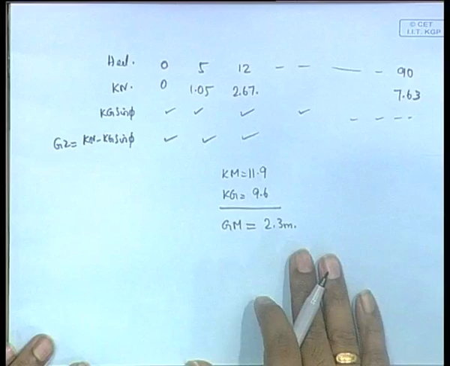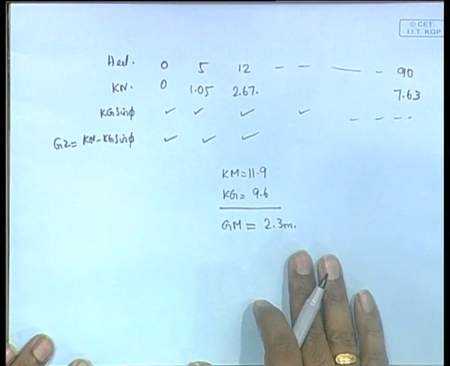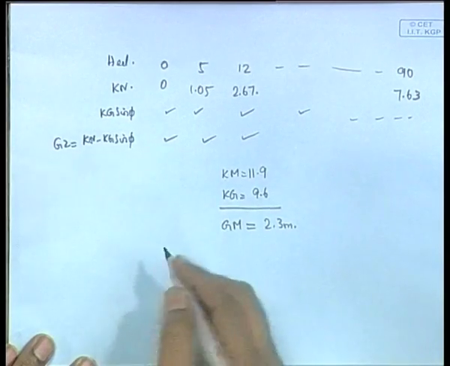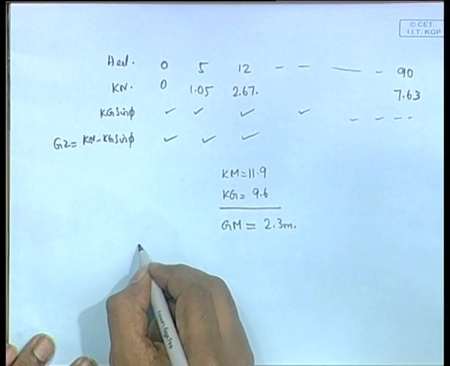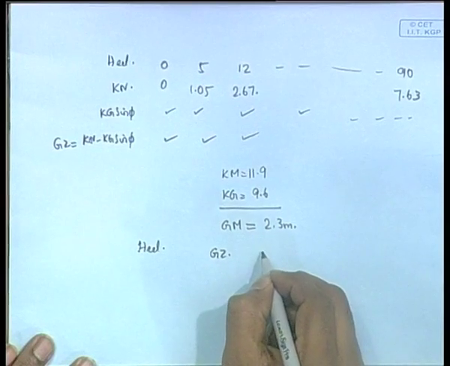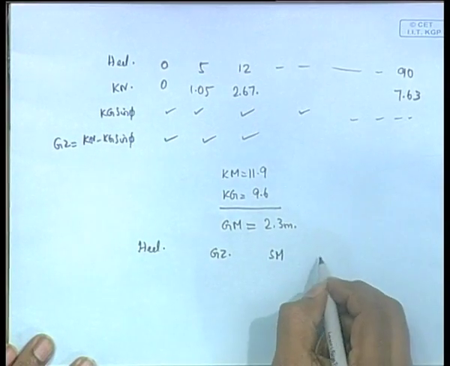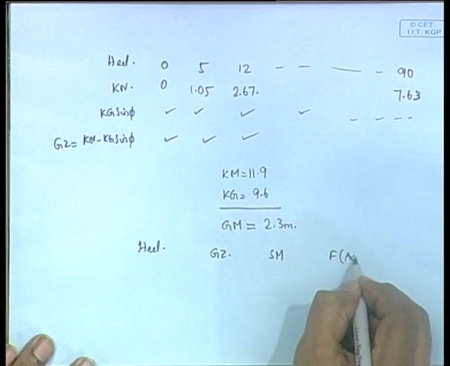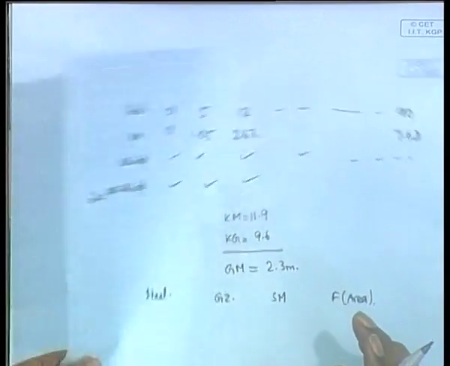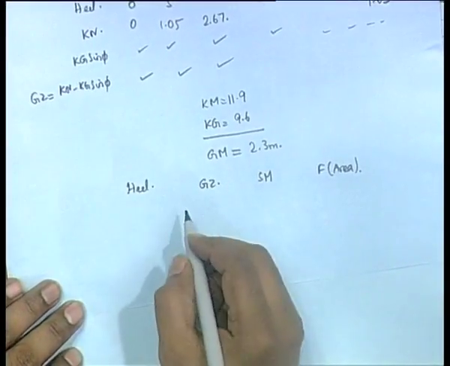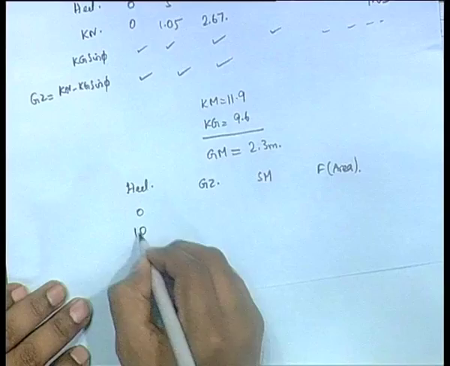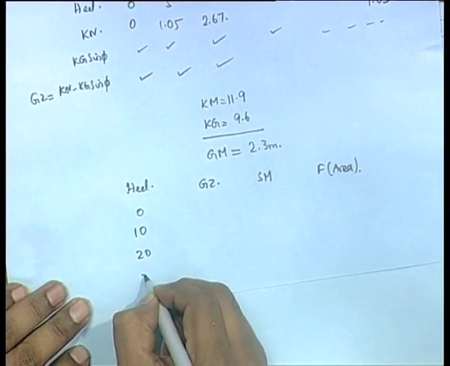So, you have to find the area. So, that is like this only, heel, GZ, you write the Simpson's multiplier, then function of area, 0, 10, 20, 30.